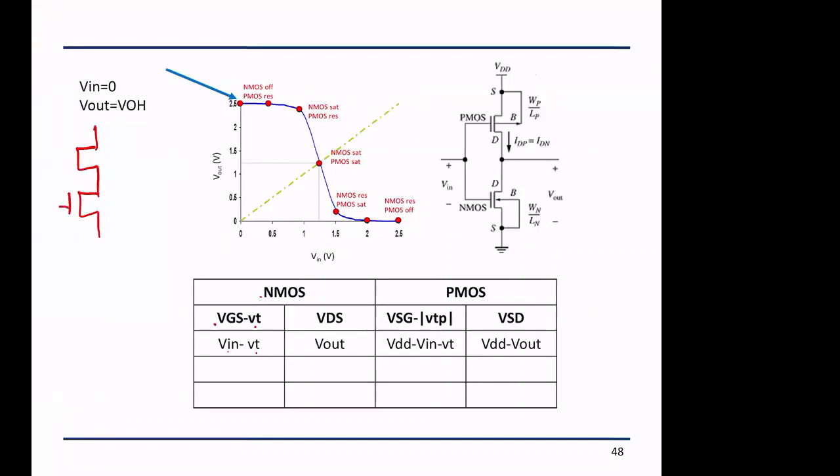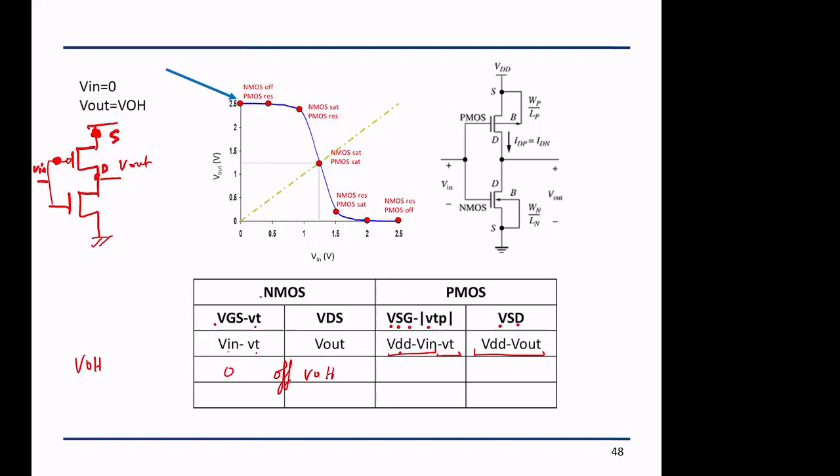This is Vn, and this is Vout, and the PMOS will have VSG minus VTP and VSD equal to VDD minus Vn minus VT, and the VSD for the PMOS is VDD minus Vout. And now as I walk in the different regions, for example to solve for VOH, I'm going to set Vn to 0, so this guy will be off, and this will be VOH.